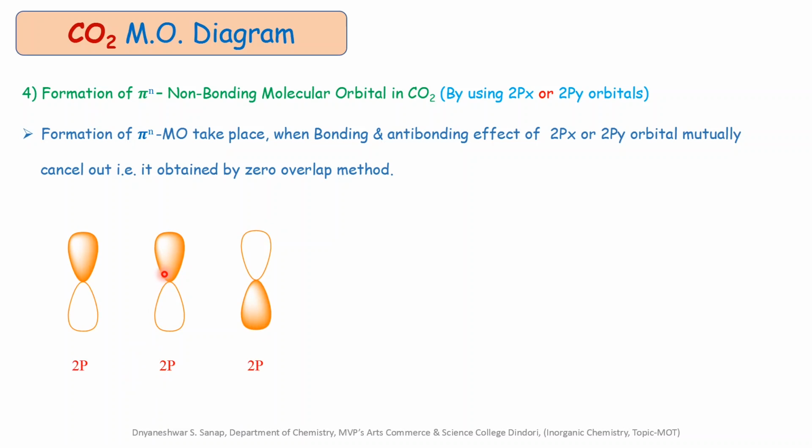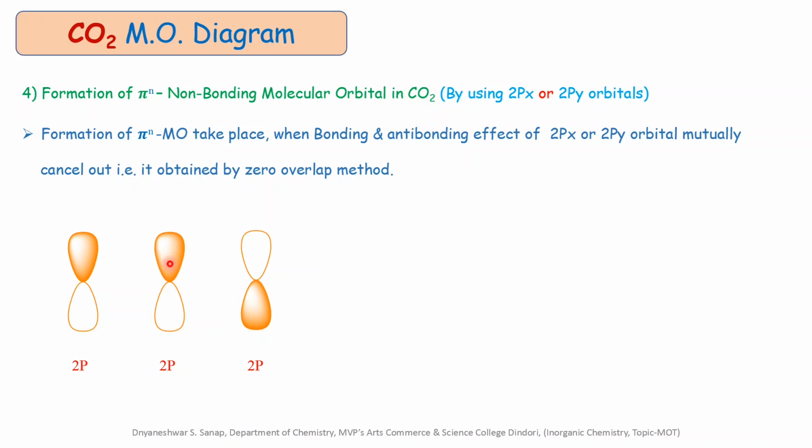When 2p orbital, that is 2px or 2py orbital of carbon atom overlaps with the 2px or 2py atomic orbital of one oxygen atom in the constructive phenomena, or when it overlaps with the same side, it produces the bonding molecular orbital at the one side.